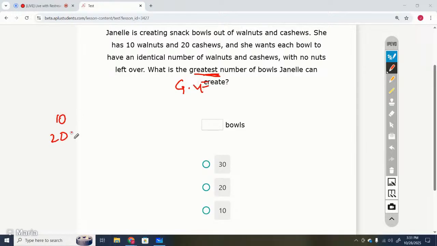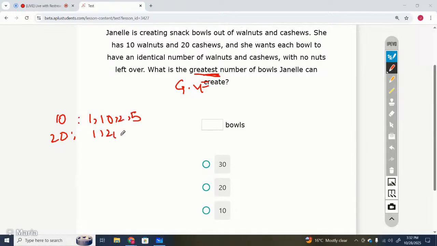Write down the factors of 10 and 20. 1 times 10 is 10, and 2 times 5 is 10.